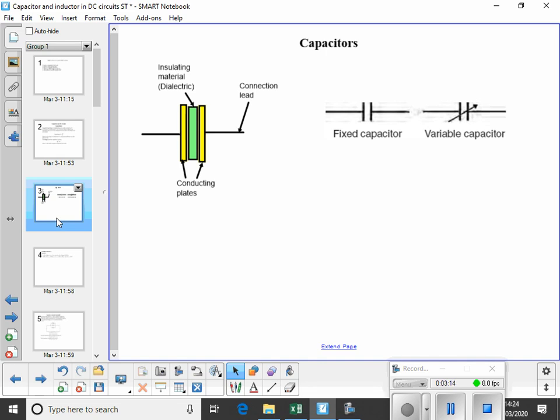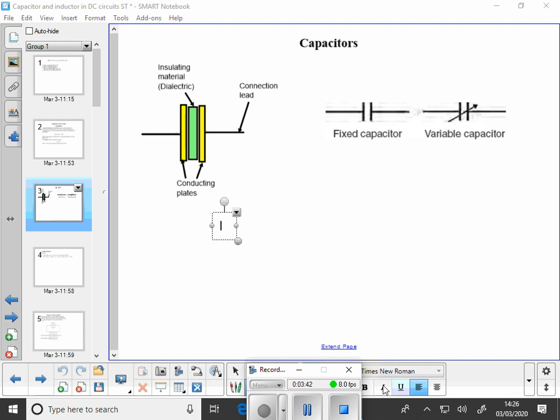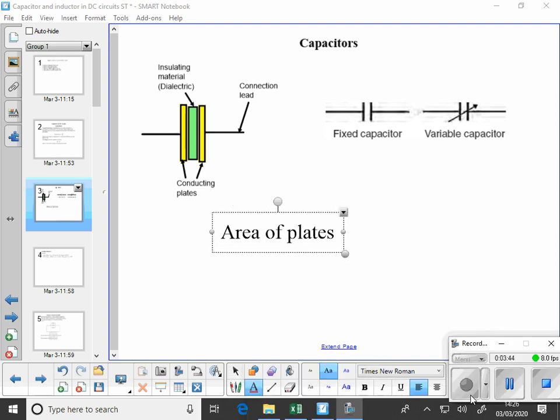And I've just got some connecting leads. Let's make it a bit bigger. That's the first thing.